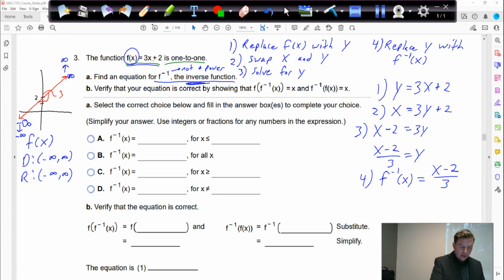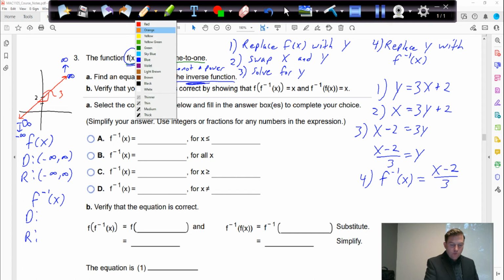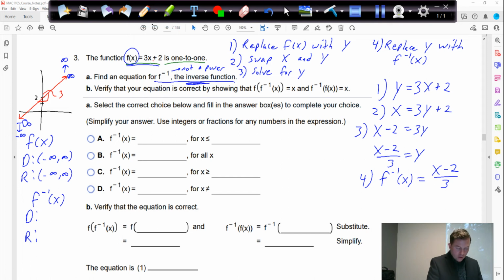Now, in the f inverse, its domain and range come from the original problem. So the domain of the inverse is going to be the range of the original problem, and the range of the inverse is going to be the domain of the original problem.